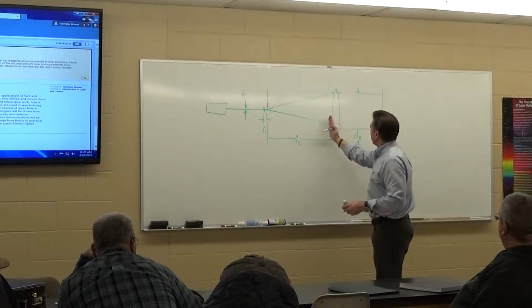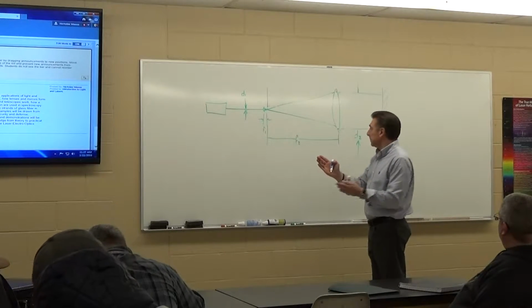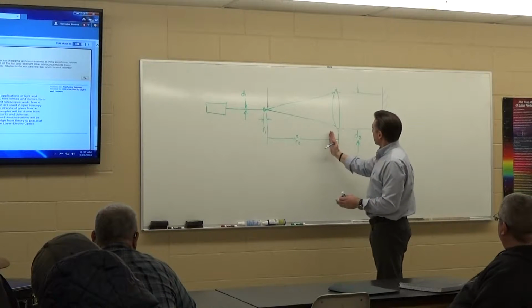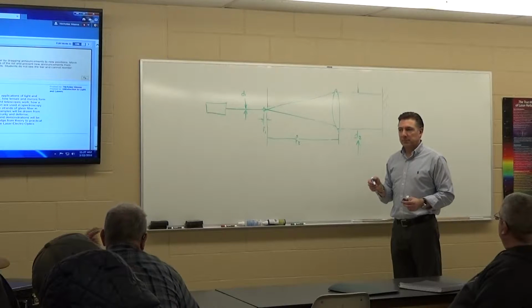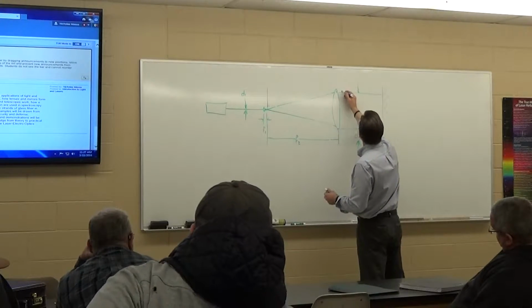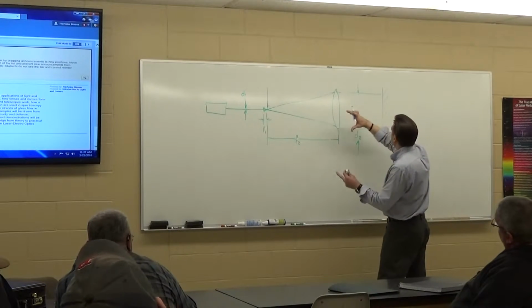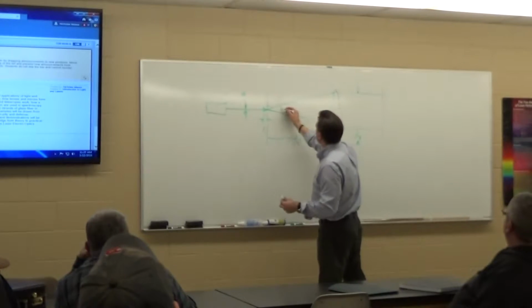Now, if the position of this lens is not accurate, off a little bit this way, or off a little bit that way. If it's a little short, what's going to happen to the beam as it goes out? It's going to expand. So if this is a little short, this beam is going to go like this, and if you reflect it back, it's actually going to come to focus closer.